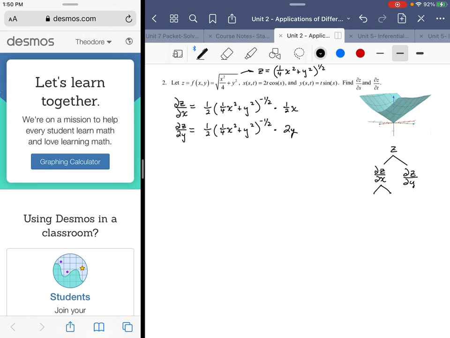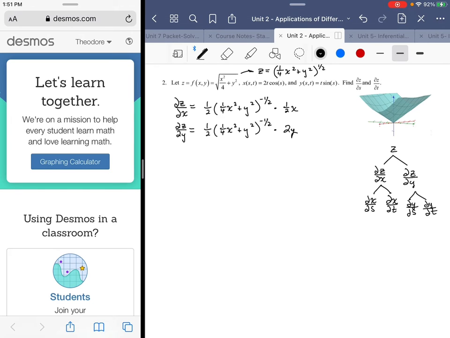So when I take the partial of x, I could take that with respect to s or t. So partial x with respect to s, partial x with respect to t. The same thing with y's. All right, so this would be a set of possible pathways to a set of derivatives.